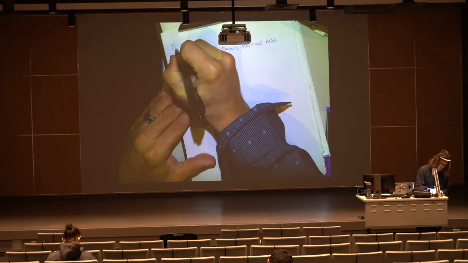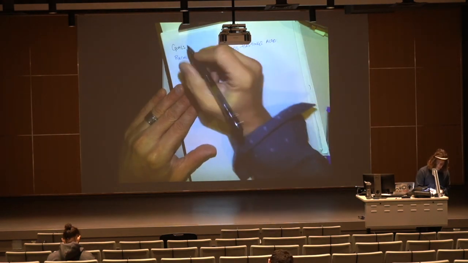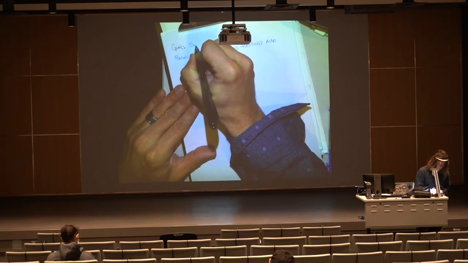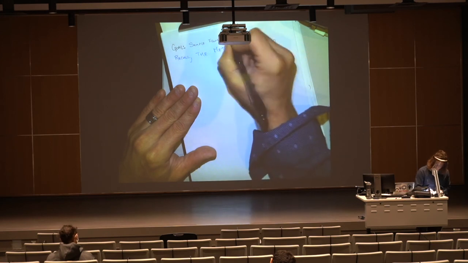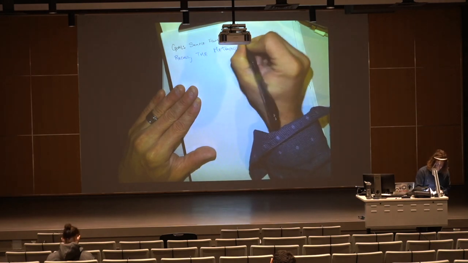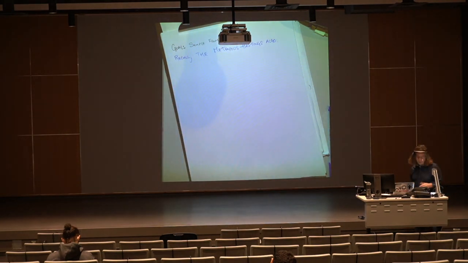So our goal is to sample from some posterior distribution. All this is supposed to mean to you is a posterior or some distribution right here.